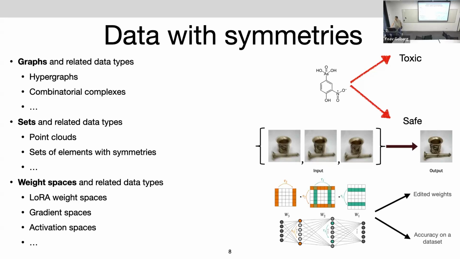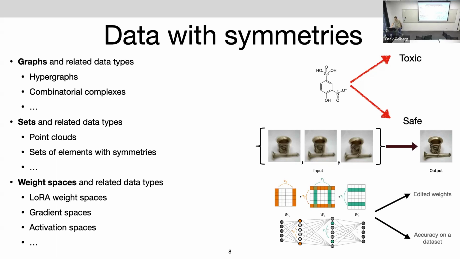And then something that we began working on very recently, and we think it has major potential to become a major tool in the deep learning community, is learning in weight spaces. So the idea is to have models train and take as input other models or weights of other models.